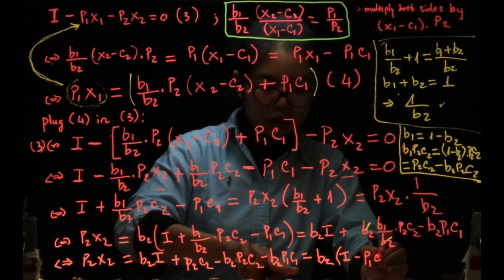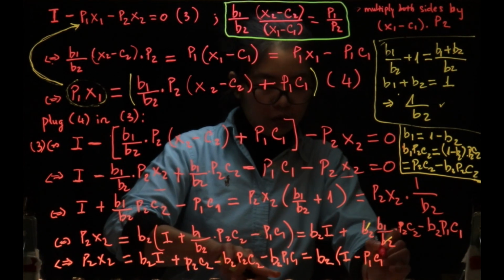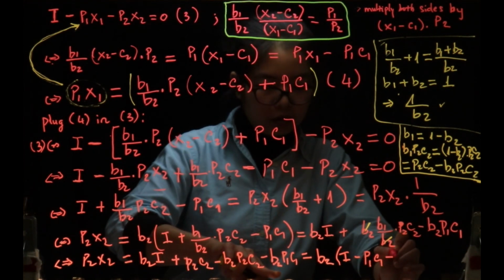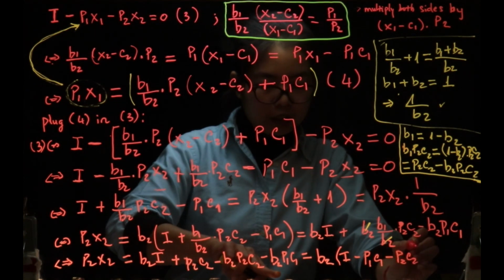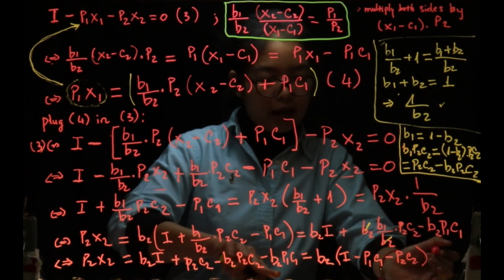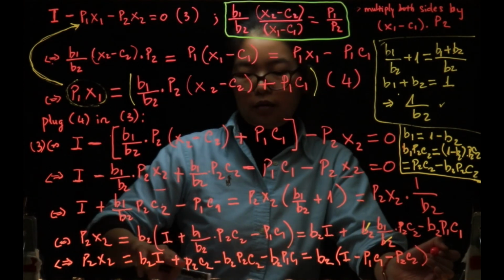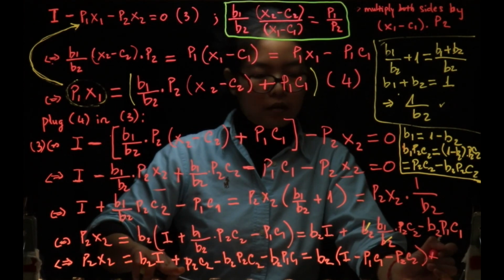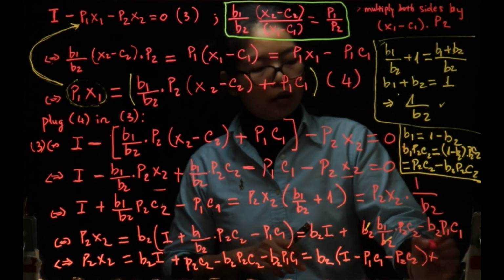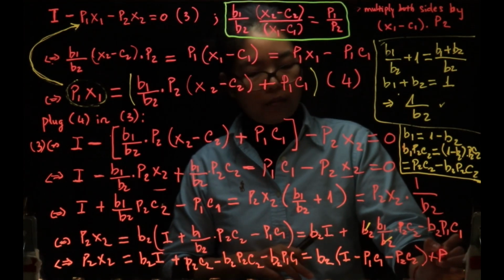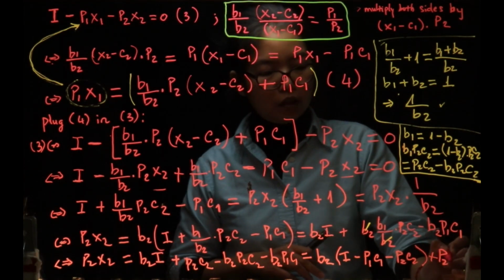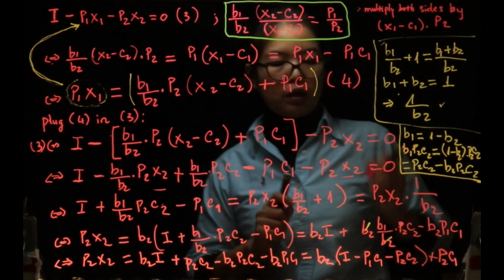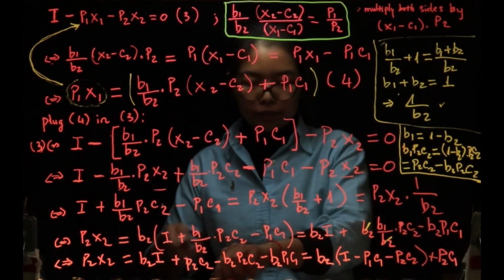So let's write it first, also with p2, and then go back to p2 c2 and plus what? b2 c2 out of the bracket.